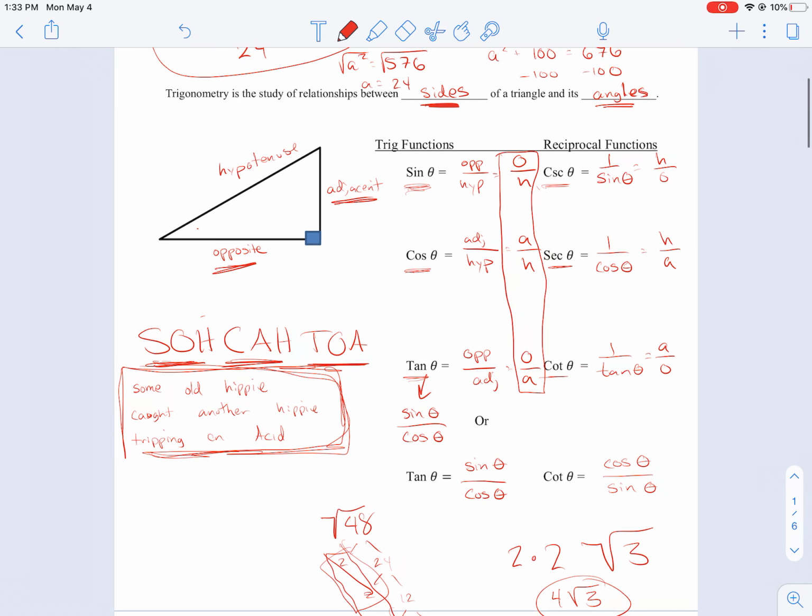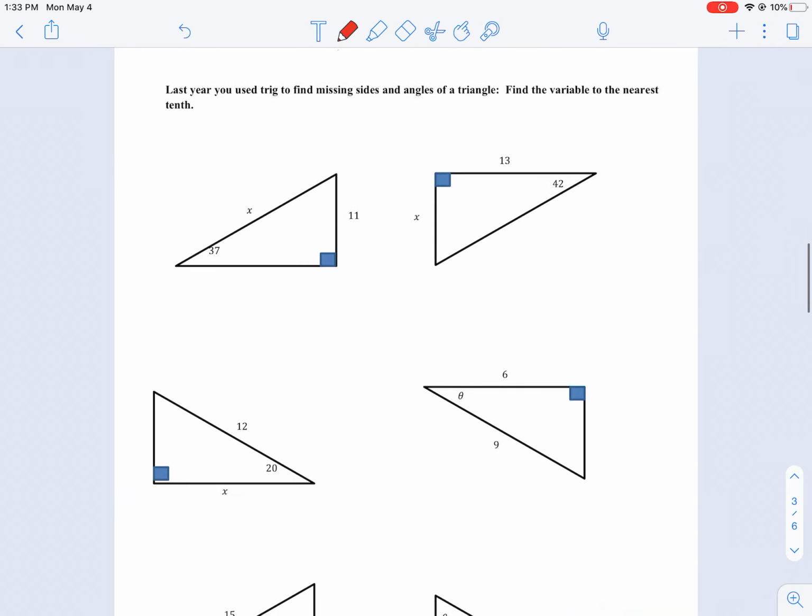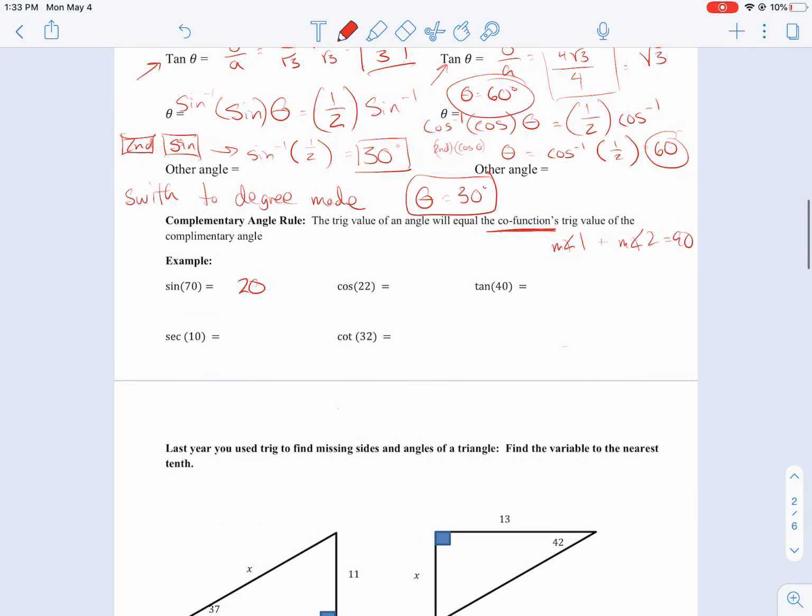Our co-functions are sine and cosine. So going back down there, the co-function of sine is cosine, and you're just going to put the 20 right in there.